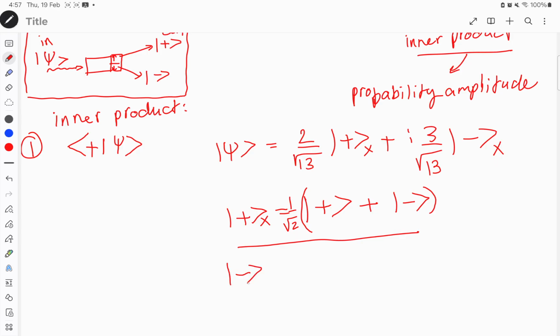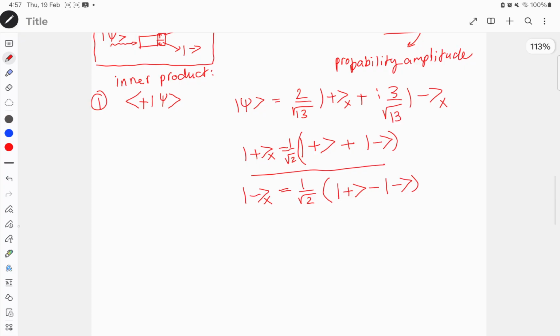The negative x state will be the positive state minus the negative state. We will write these here.